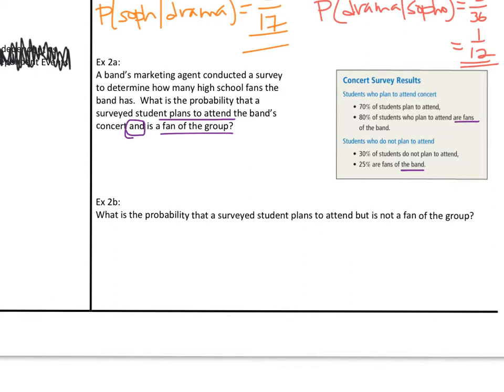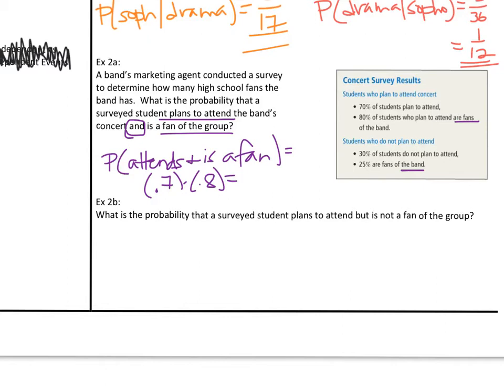The fact that we want both events to happen means we're going to multiply these together. So the probability a student attends and is a fan, we find by taking the probability that they're attending, which is 70% or 0.7, times, out of those 70%, 80% are actually fans.